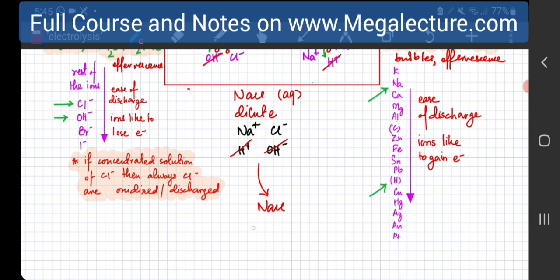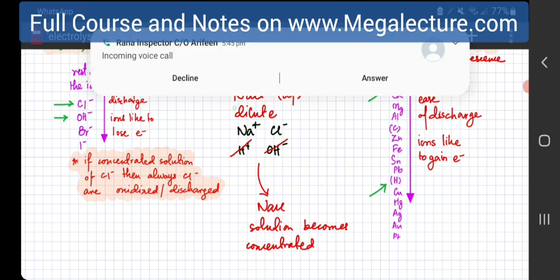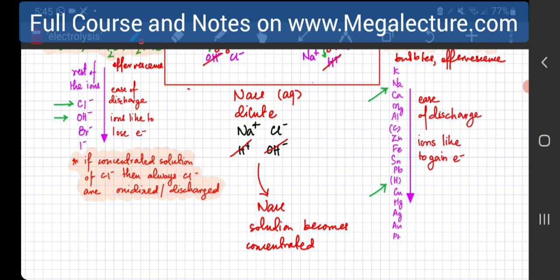So your solution becomes more concentrated because you're going to have less and less water. As you can see that water is lost. H plus one and OH ions are getting used up. Water is lost. So solution becomes more and more concentrated.